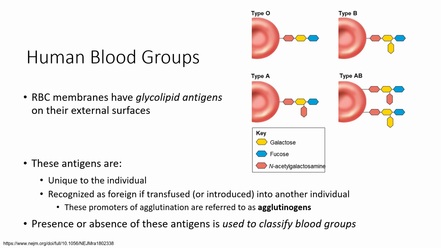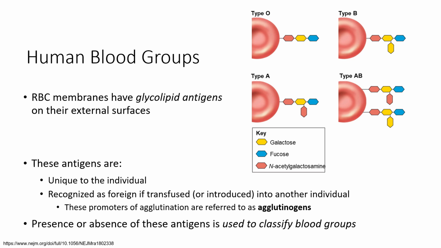So, we talked about blood typing in lab. Human blood groups. Blood typing, or the reason everyone has a specific blood type, is because of glycolipid antigens on the external surfaces of their erythrocytes.